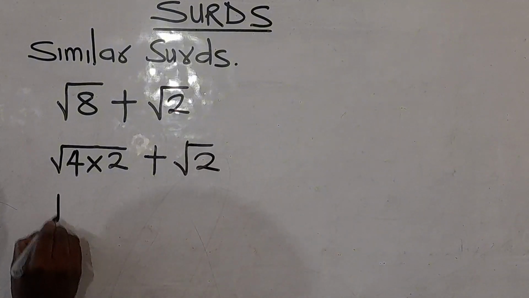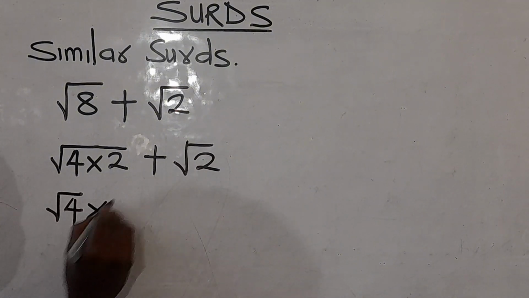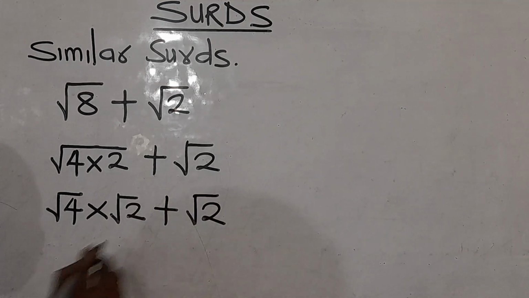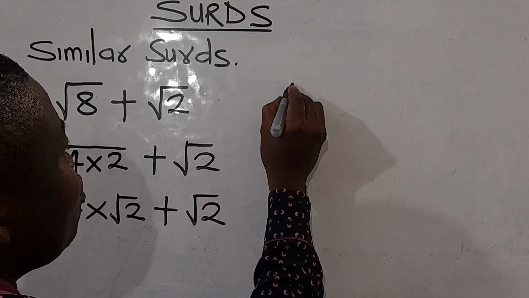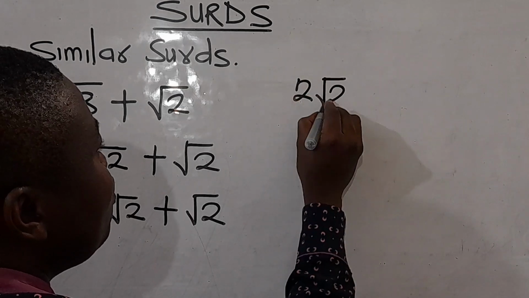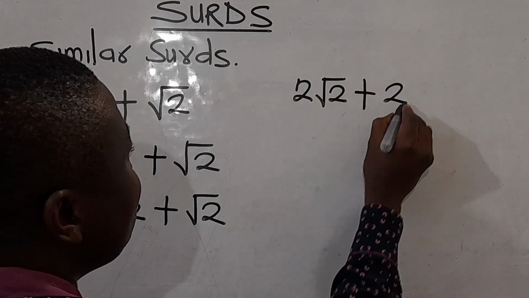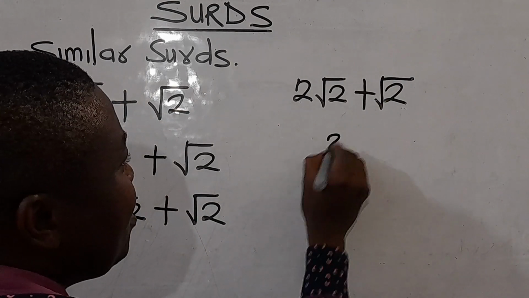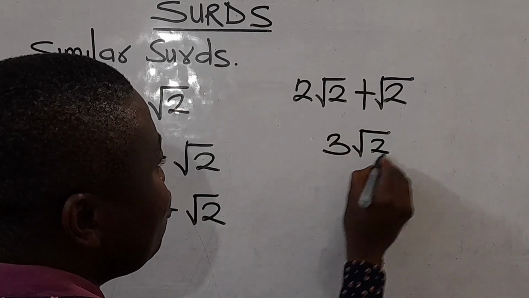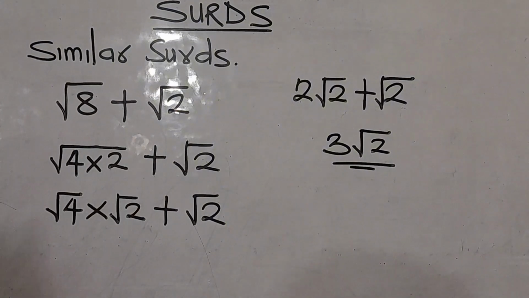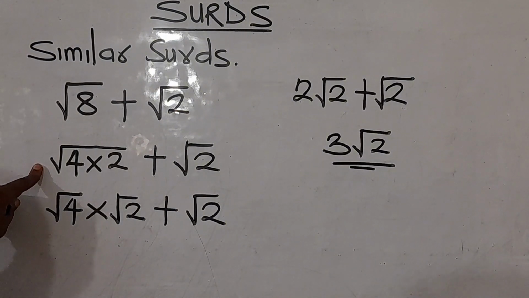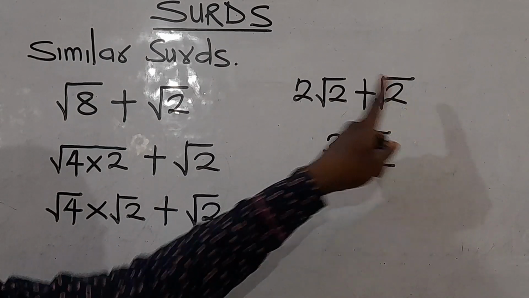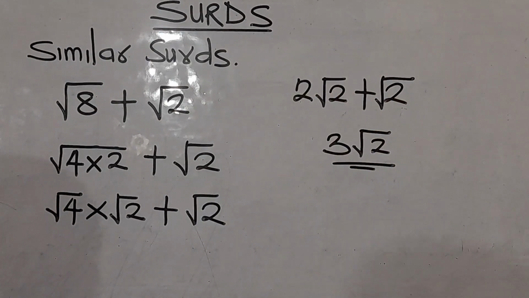This will give us root 4 times root 2 plus root 2, which is 2 root 2 plus root 2. This will give us 3 root 2. So we first simplify, then test if they are similar, and we then add them together.